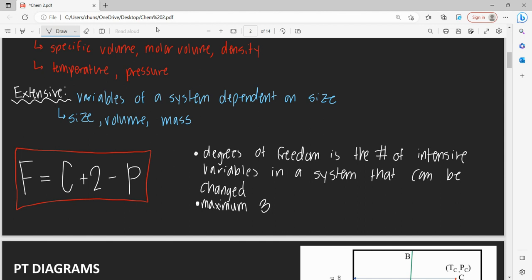So if you can change all 3 properties, that means you have the largest range you can. On the other hand, the minimum can be 0. If you have 0 degrees of freedom, that means all variables are fixed, so you can't change anything in a system.